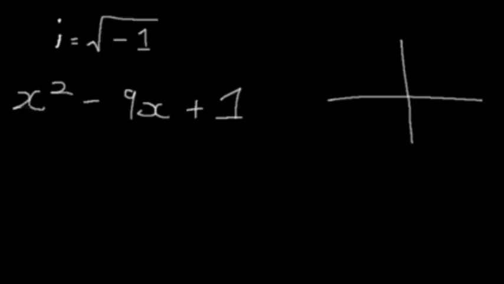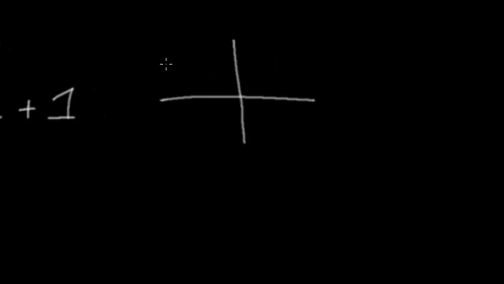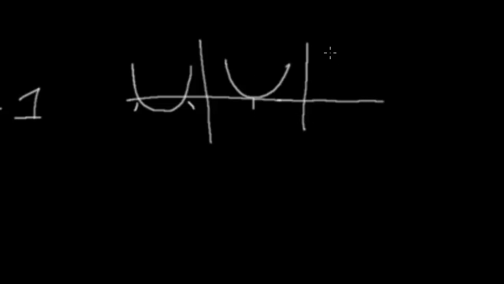There are 3 types of parabolas. The first one will touch the x-axis 2 times, as you can see here, 1, 2. The second type will only touch it once. And the third type will go above and never touch it, right?